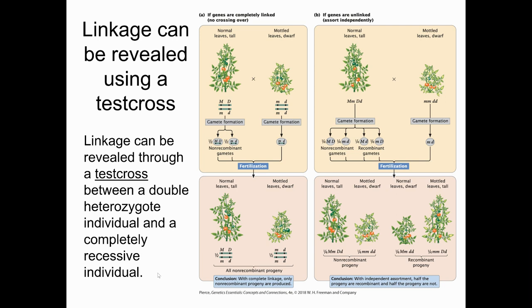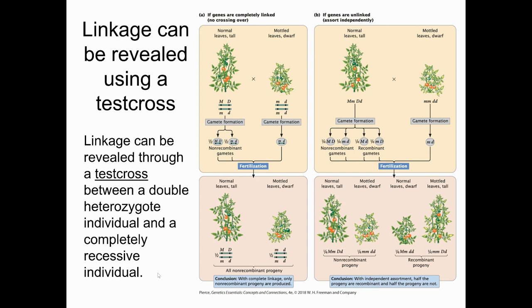And the other parent, the other organism in the cross, will be completely recessive for both the genes. So you can see in the panel on the right side, we would often write it this way: big M, big D, cross, little m, little d. So that's the nomenclature we often use.